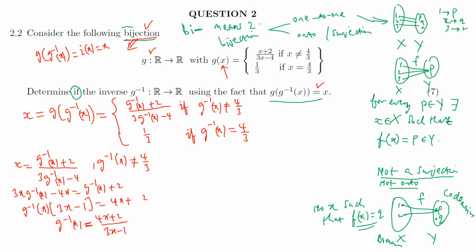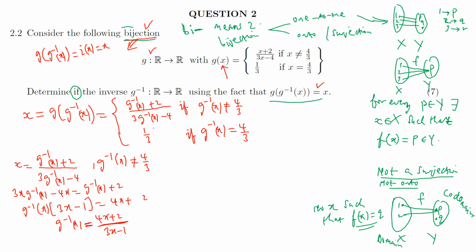Three x minus 1. Right, so in other words, G inverse is that. And so what would this mean for us? You got that G inverse is that, but also you have another case.